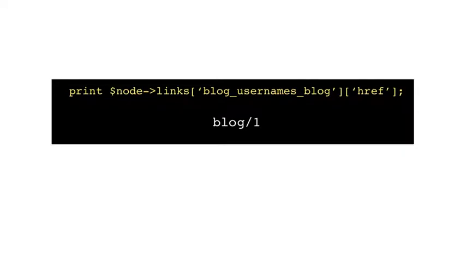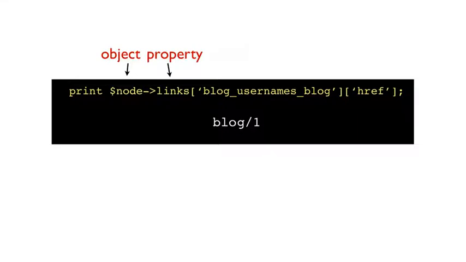In a more complex example, something that we may actually run into in Drupal theming, we'll see that we can chain these things together to get quite complicated data structures. So in our first example, we're printing the node links item. So we have a node object in which we're referencing a certain property known as links.